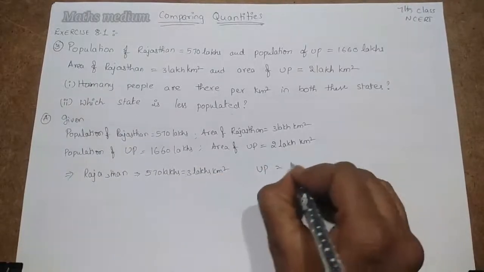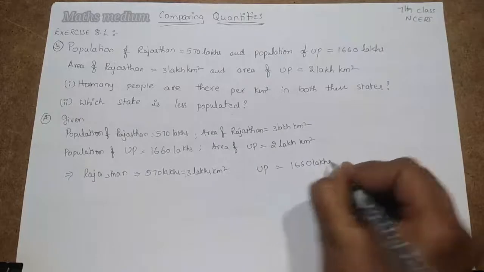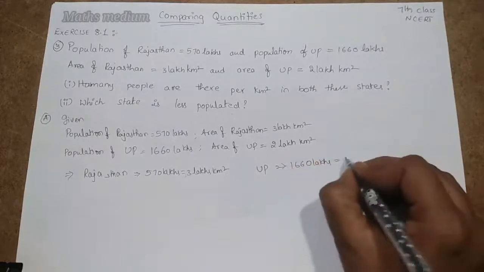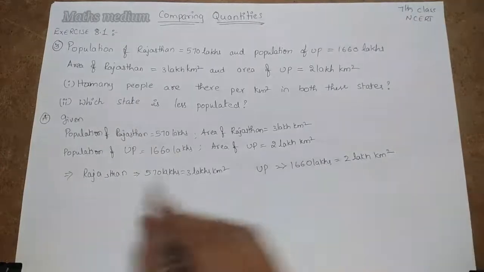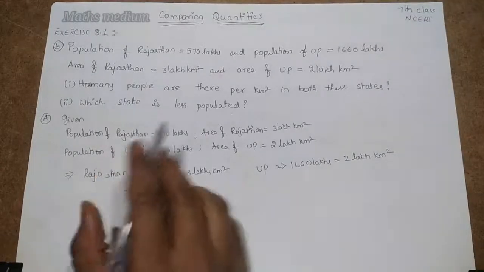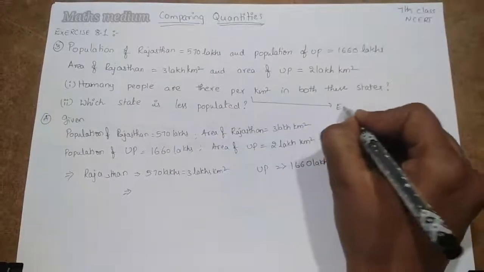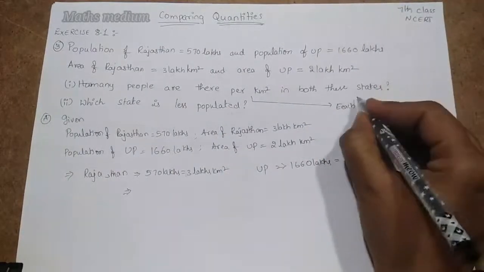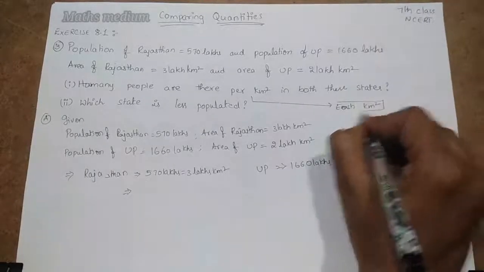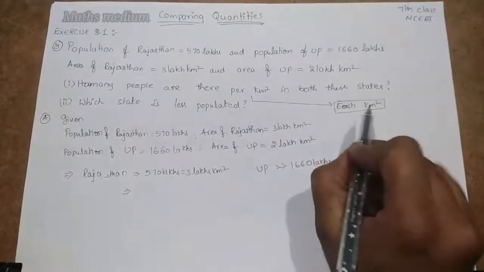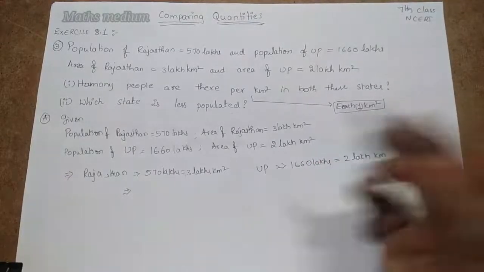UP having 1660 lakhs equal to the 2 lakh kilometer square. Now, we have to find the per kilometer square. Here, this per means each kilometer square. Okay, how many people are there for 1 kilometer square? Each means 1 also.